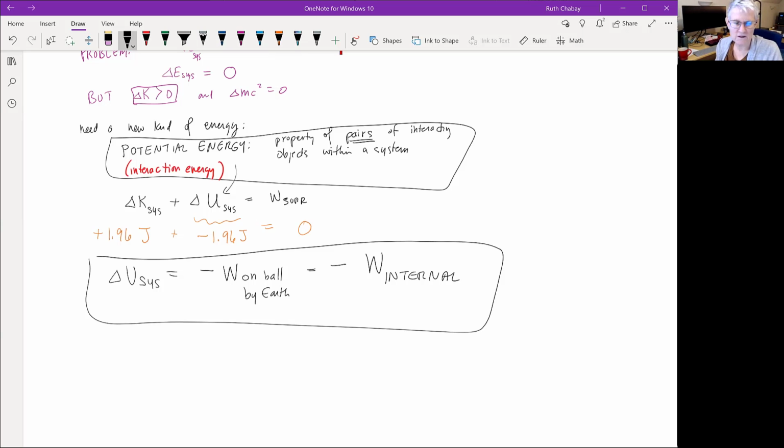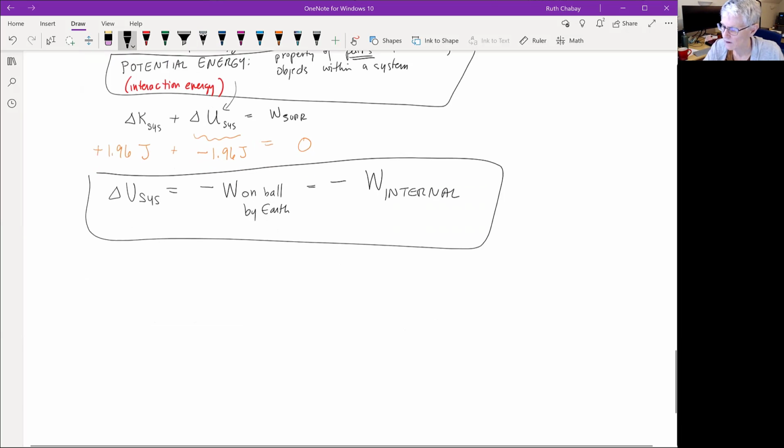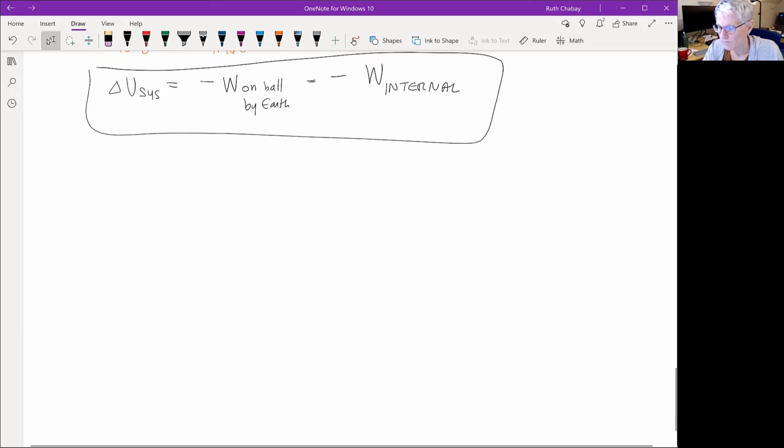So how do we calculate this for different interactions? Well, we'd like to have a general way to do it instead of having to keep switching systems. So let's consider gravitational potential energy, but let's be more general and let's use the full formalism here.